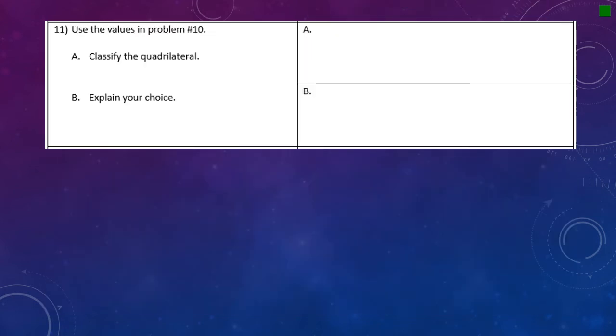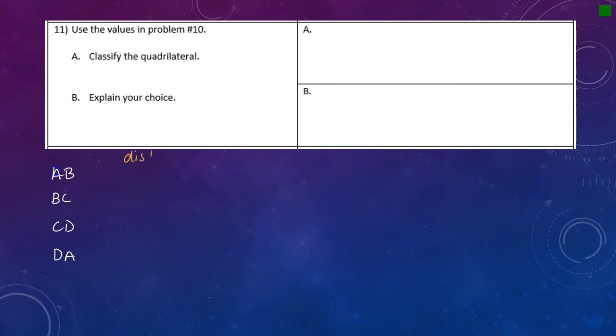This is talking about the values we just found in problem 10. It's asking us to classify the quadrilateral. So before I show you this, I want to write down all of the answers. We had 4 segments: AB, BC, CD, and DA, and we had to find both distances and slopes.